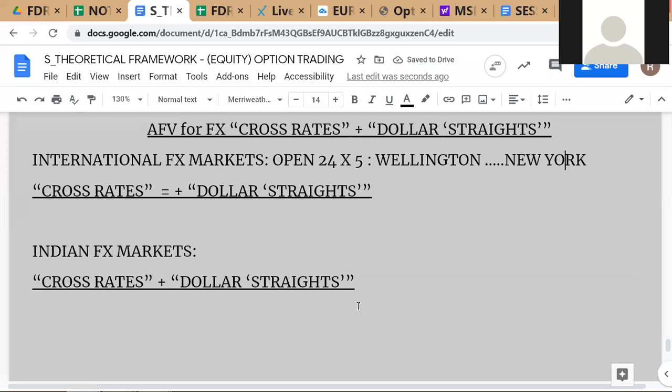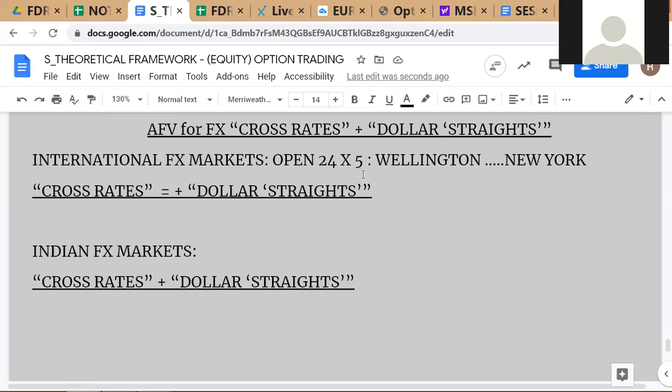All the way from Wellington in New Zealand, where the sun first rises, all the way down to New York and Los Angeles. But New York is a really big FX market, so we don't go all the way, but technically you can go from extreme east to extreme west. Markets are open from Monday morning in Wellington to Friday closing in New York.